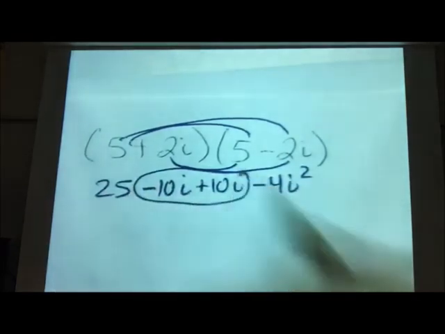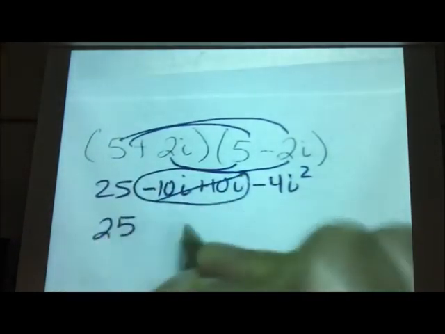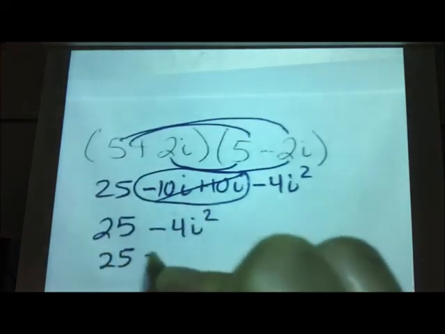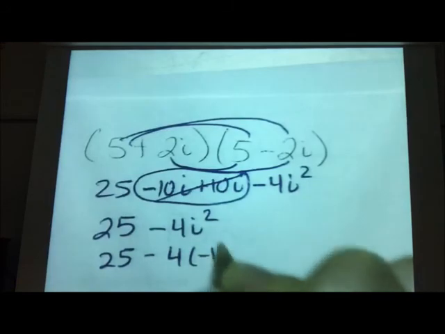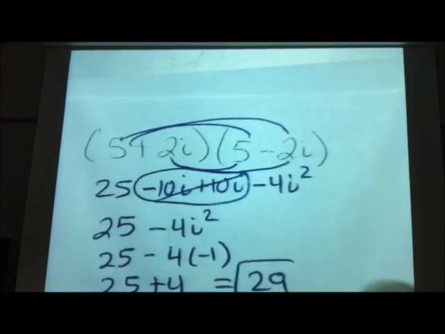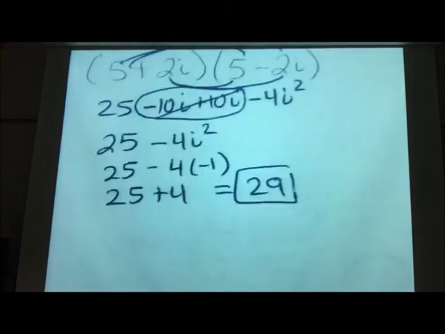My two middle terms cancel. 25 minus 4i squared, but i squared becomes a negative 1. So this becomes 25 plus 4, which is 29. So that would be your final answer, 29.